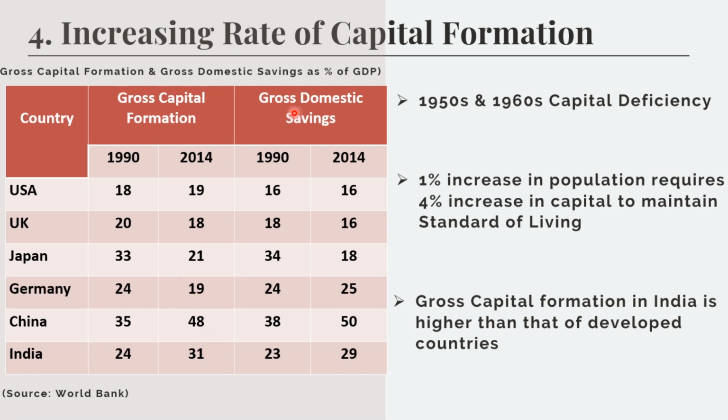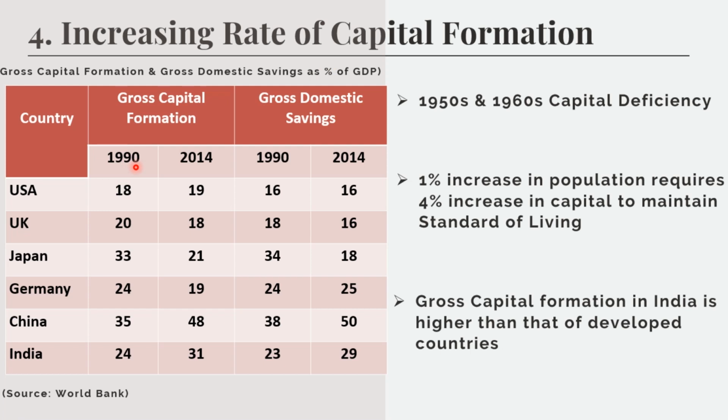So in this way, it is the fourth characteristic, in which we can say the capital formation rate in India is increasing in recent years. Recent years means particularly from 1990 onwards. Why is the capital formation ratio increasing?